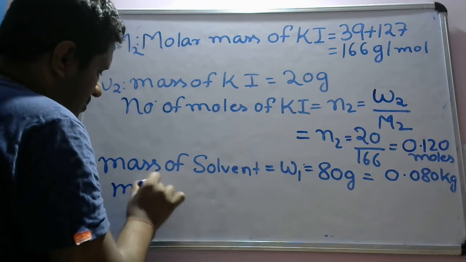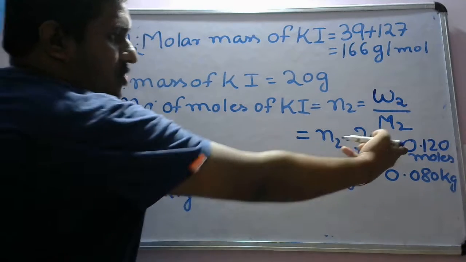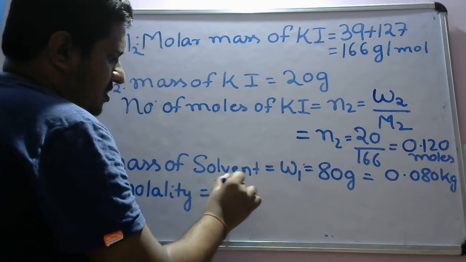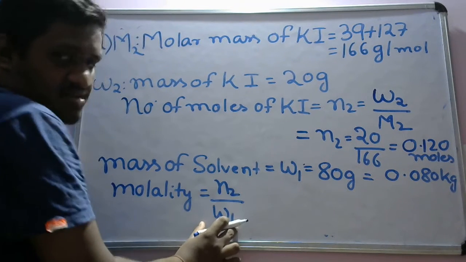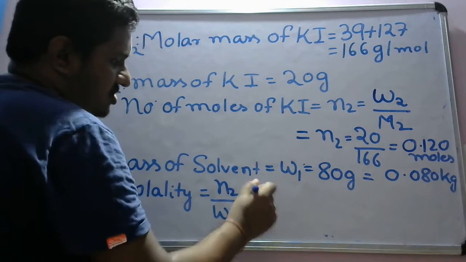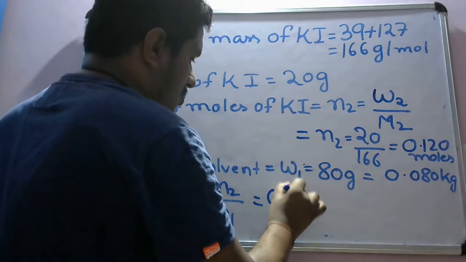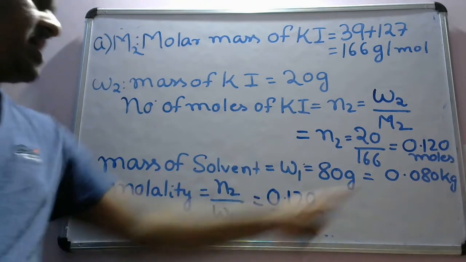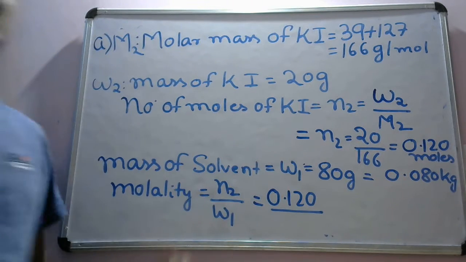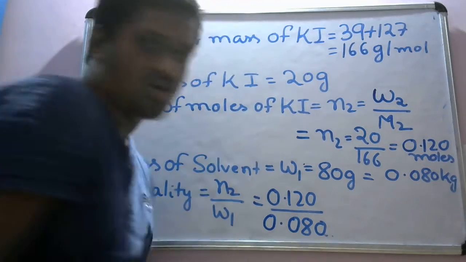Molality equal to number of moles of solute n2 by W1, number of moles of solute by mass of solvent in kg. So number of moles of solute 0.120 by mass of solvent in kg 0.080. Okay.